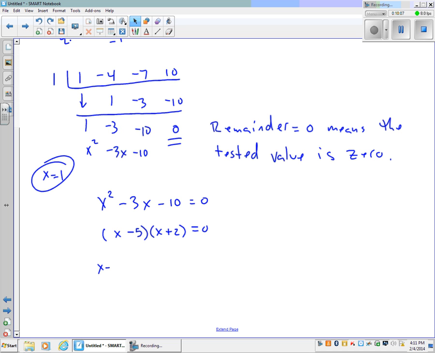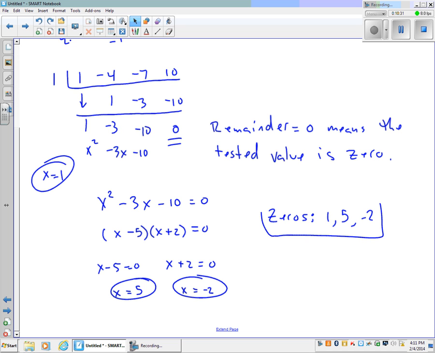When you set each one equal to 0, you get x equal to 5 and x equal to negative 2. So those are the other two zeros. We did have three total zeros. So our zeros are 1, 5, and negative 2.